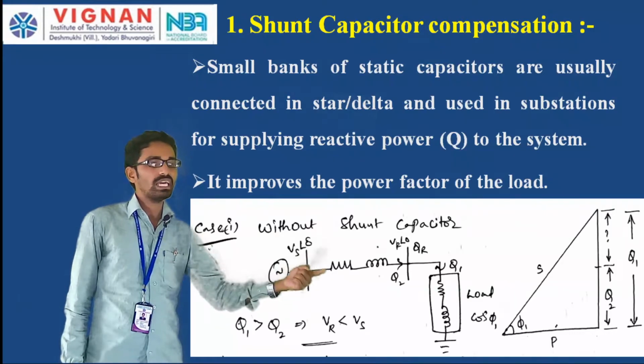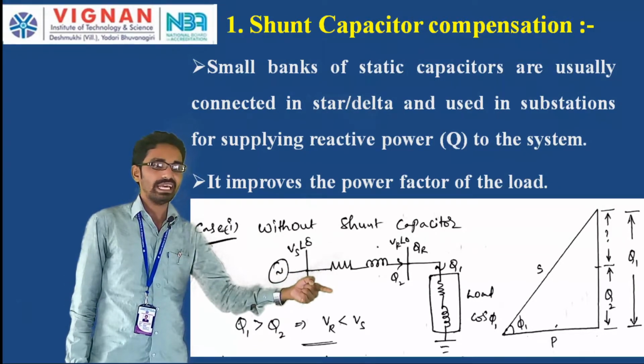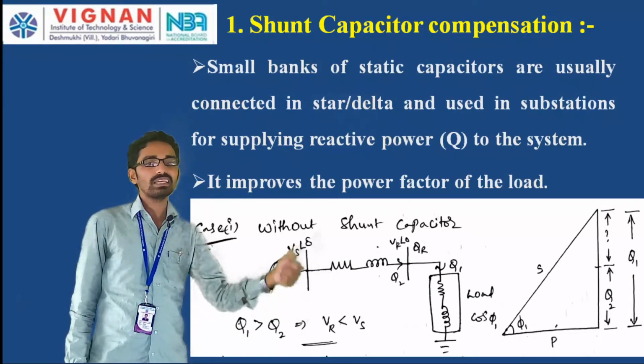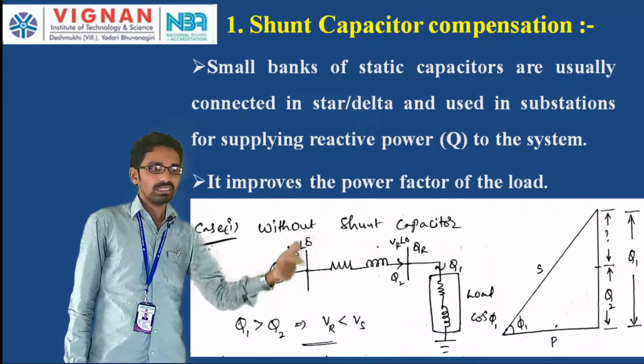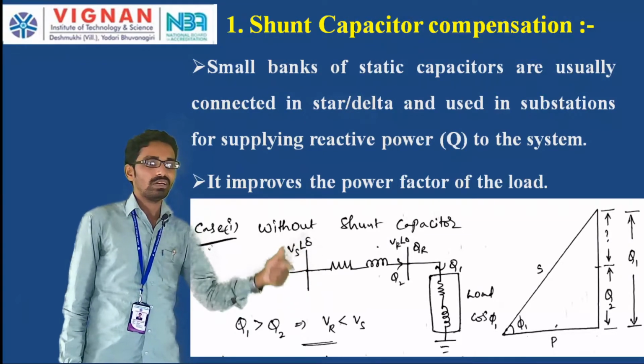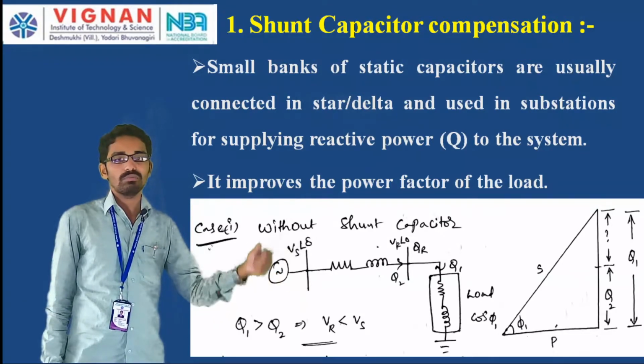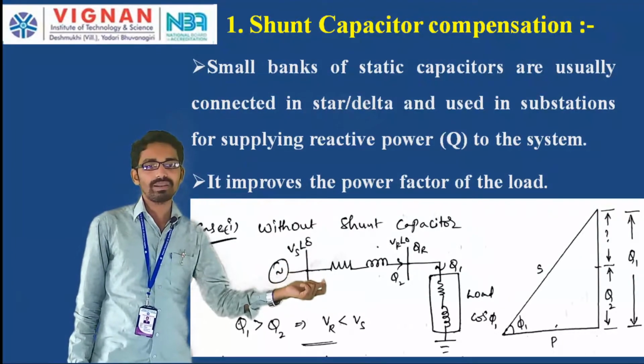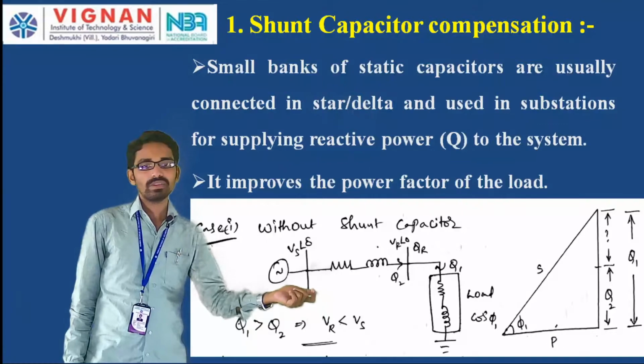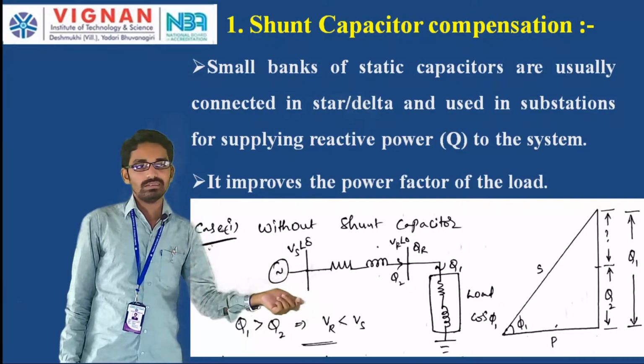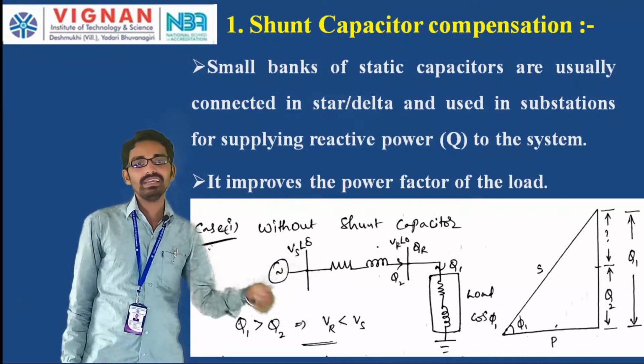Then who will supply the remaining 2 units? The demand is 10 units, but the generator is only able to supply 8 units of the reactive power, so who supplies the remaining 2 units?